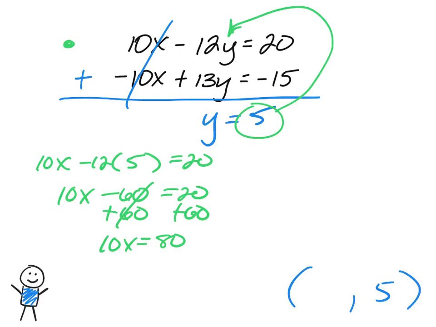And then to cancel multiplying by 10, I'm going to divide both sides by 10, leaving me with an x value of 8, and the solution to my system is the coordinate 8, 5. An x value of 8 and a y value of 5 would satisfy both of those equations.